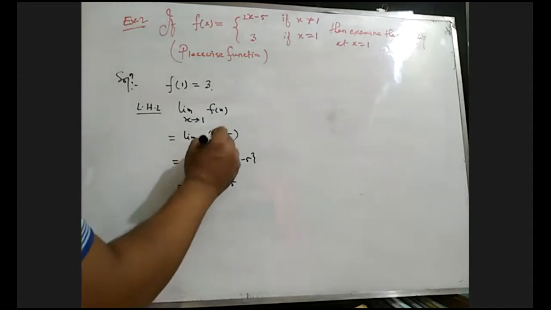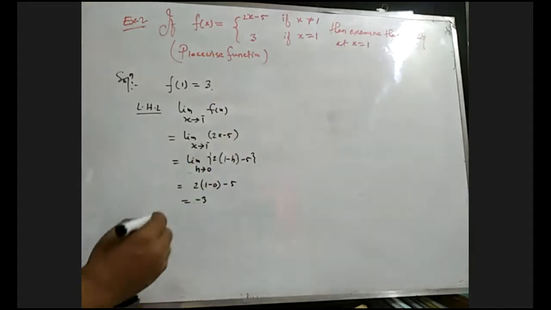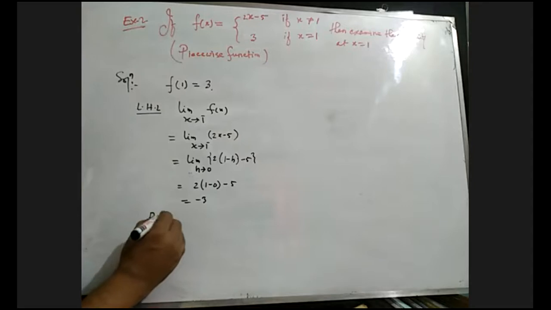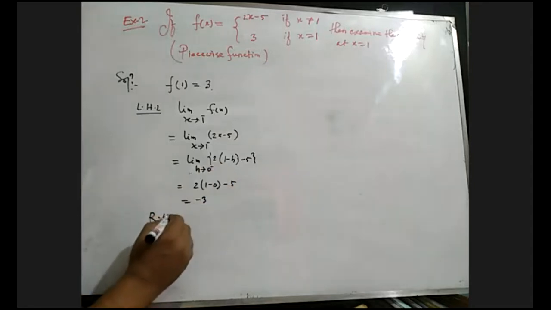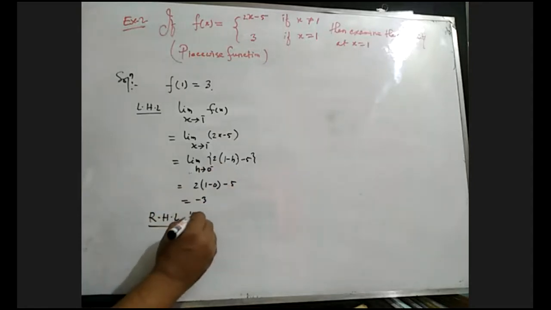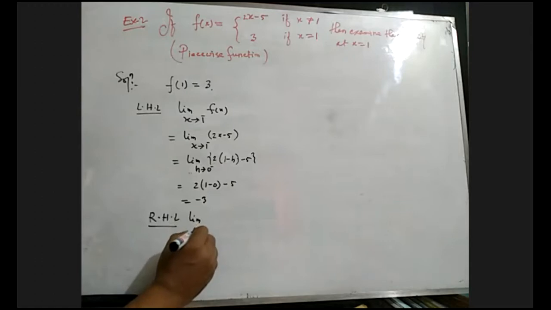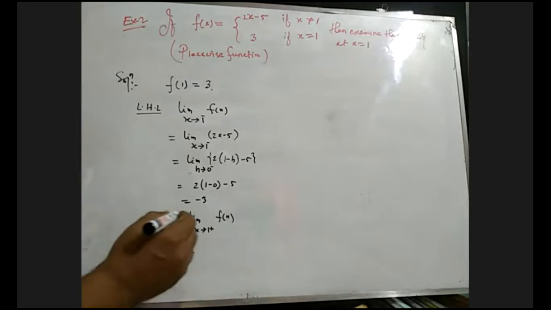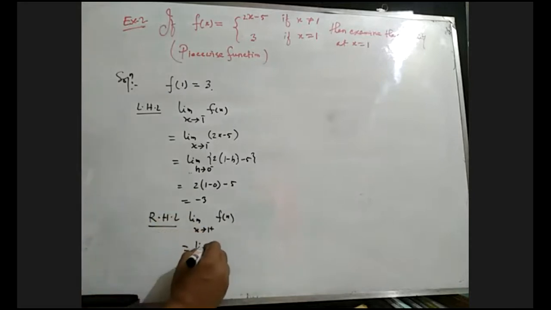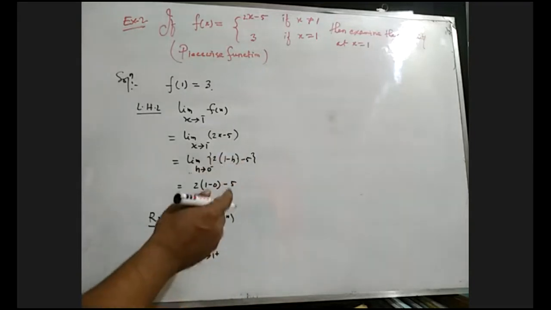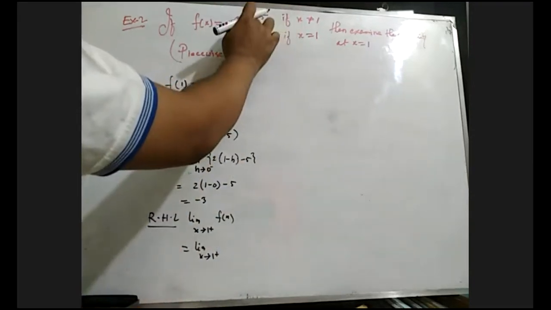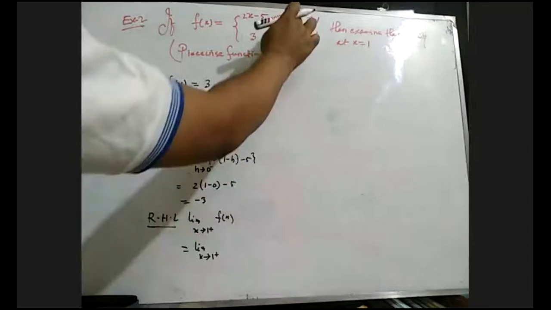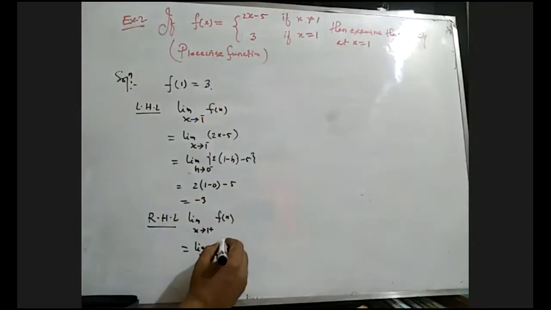Similarly, the right hand limit. Limit x tends to 1 plus of f of x. In which function? For x greater than 1, of course, this will be 2x minus 5.